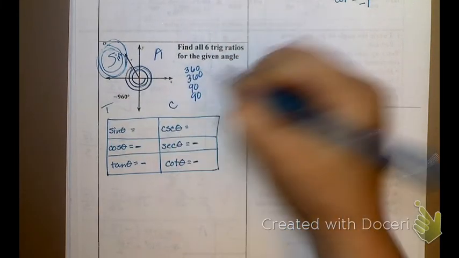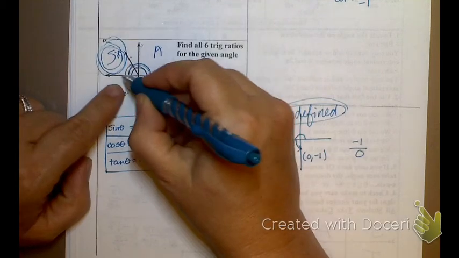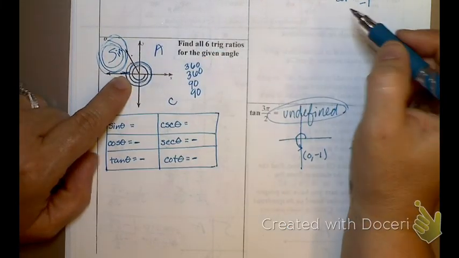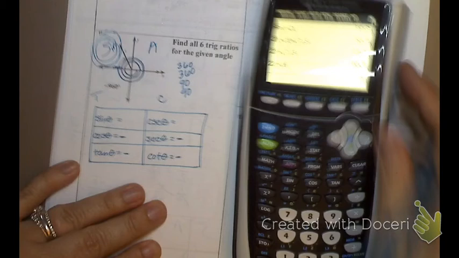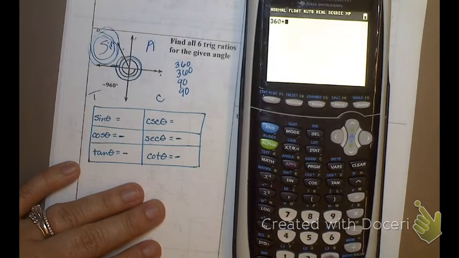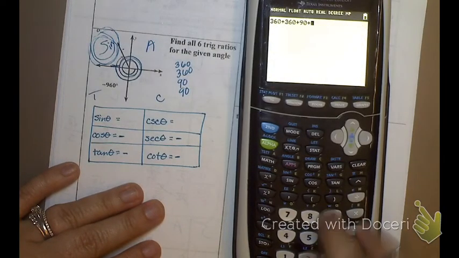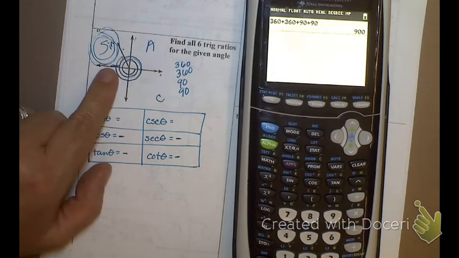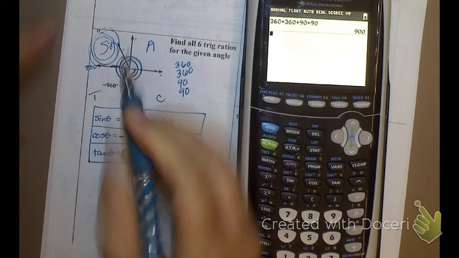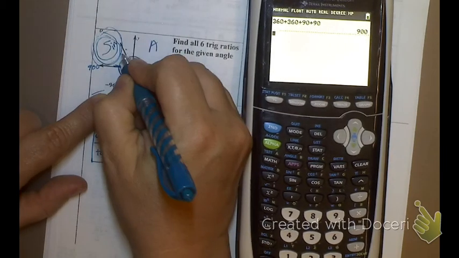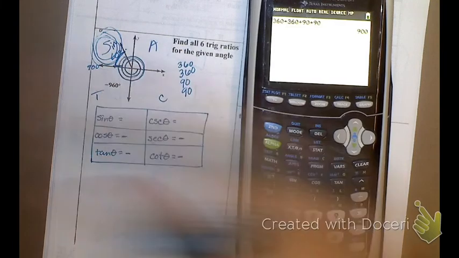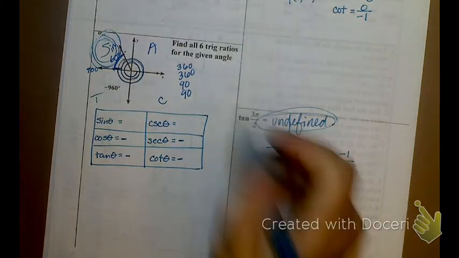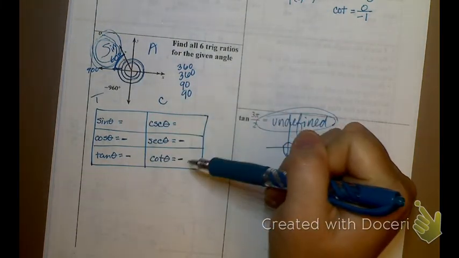Do you see how I was kind of highlighting as I go? 360 plus 360 plus 90 plus 90, I'm at 900 degrees. This is 960, so what is that reference angle? 60 degrees. So at this point, I already have my negatives figured out. I just go to 60 degrees.